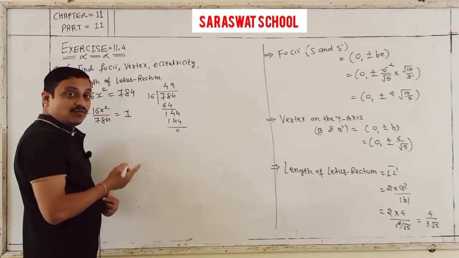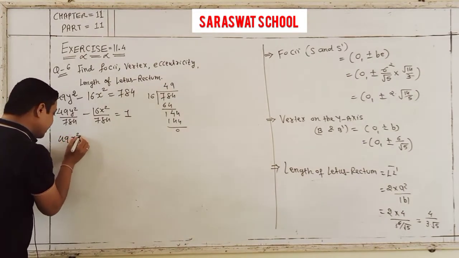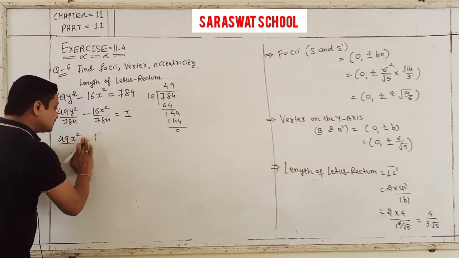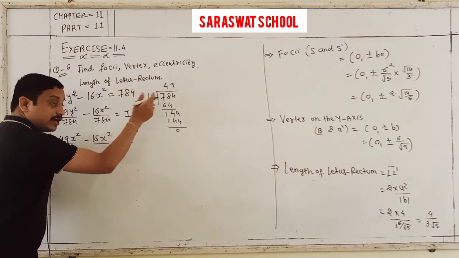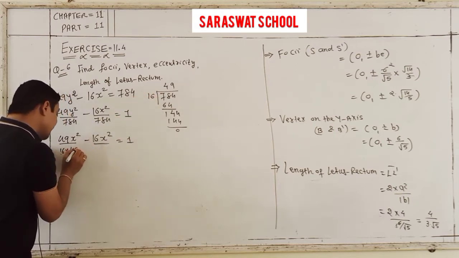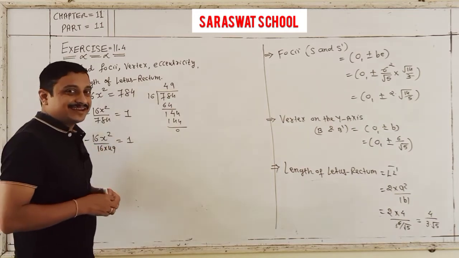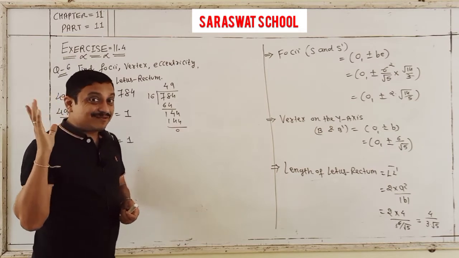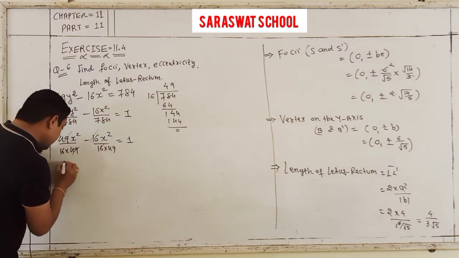It means 784 is 49 into 16. So students, here I write 49y square by 16 into 49 minus 16x square by 16 into 49. You will easily create the standard form; this cancels, so x square by 16.